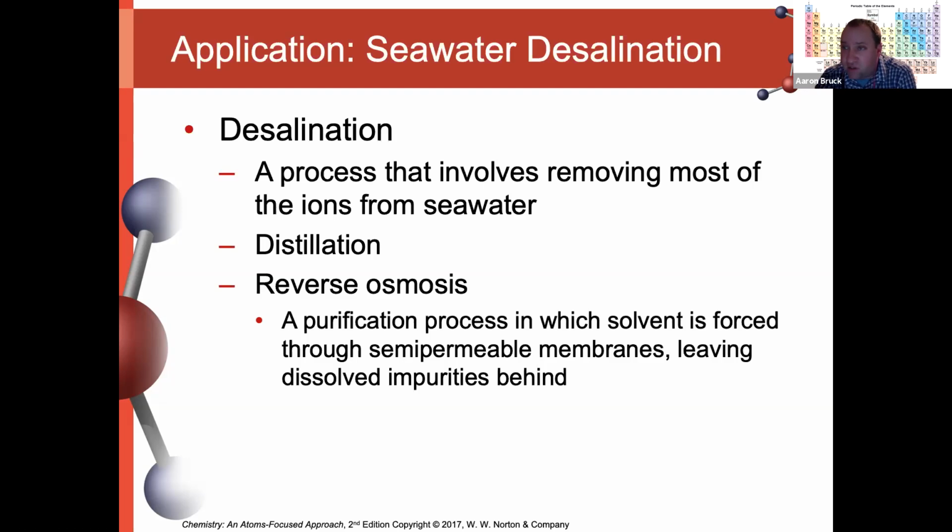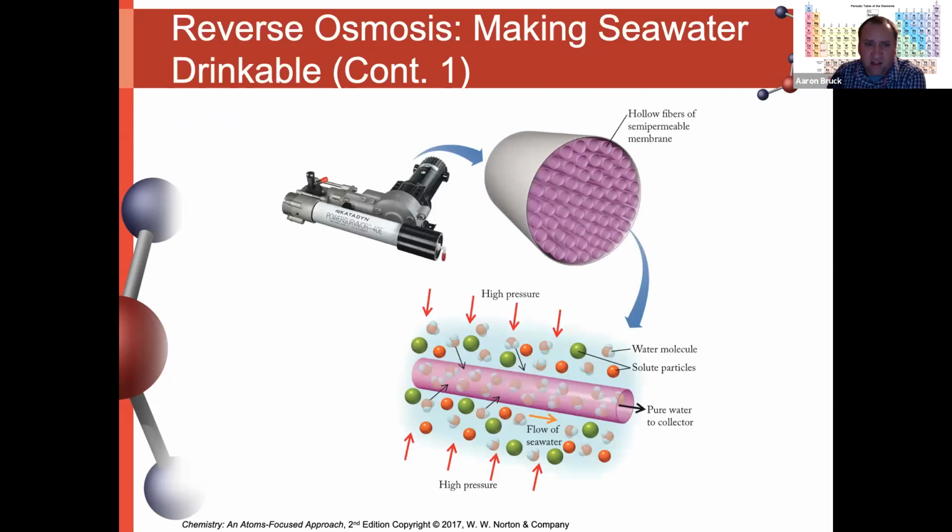Well, in a reverse osmosis scenario, instead of just applying that 7.89 to stop it, we would actually apply greater pressures than that to force the water to go from the contaminated solution into the purified solution on the other side. And so this is one way that it often works.